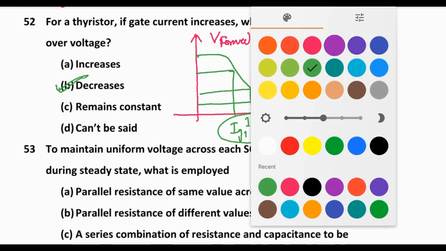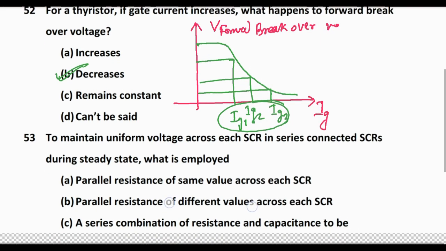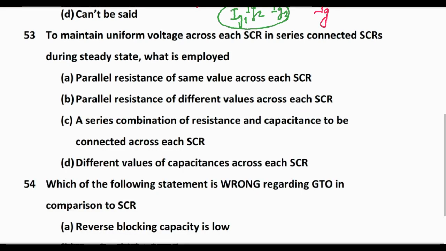Next question is question number 53. To maintain uniform voltage across each SCR in series connected SCRs during steady state, what is employed? So for series connected SCRs, what are we employing to maintain uniform voltage across each SCR?